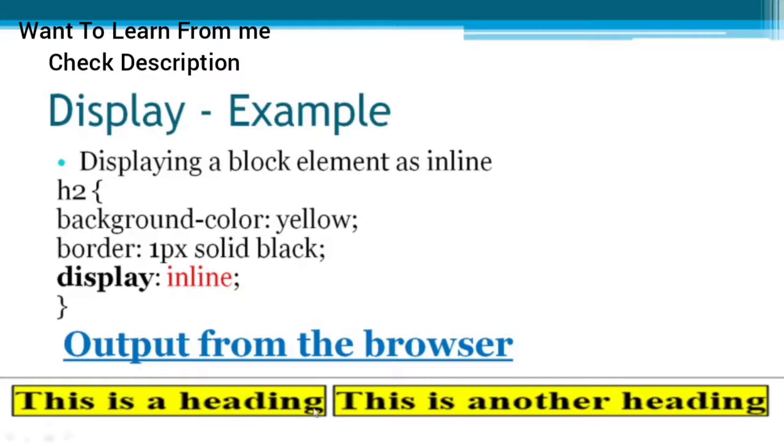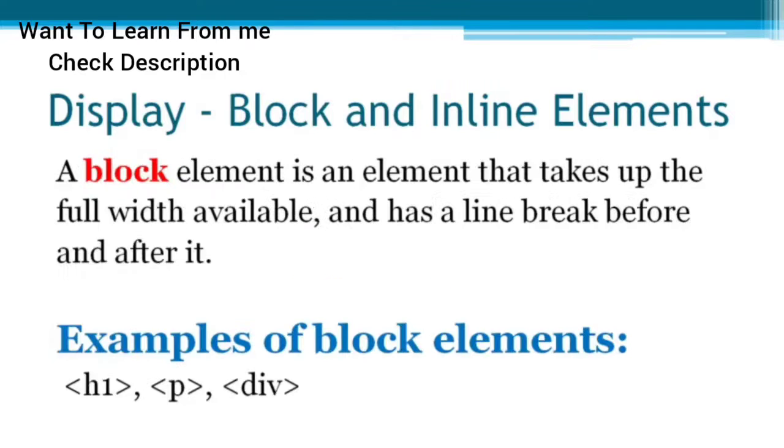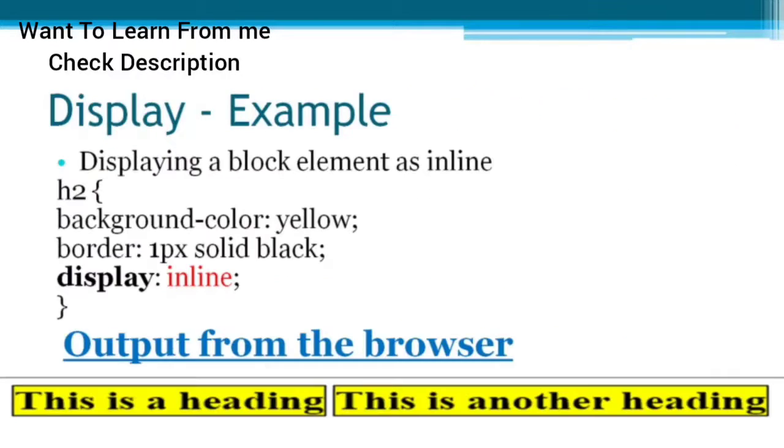Because for the H2 tag we have used the element selector, it will be applicable to all the H2 tags which are written in the body. So we have written two H2 tags in the body, and the output is, the headings can be displayed one after the other.